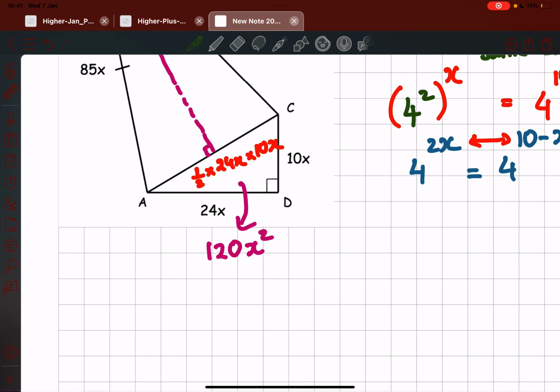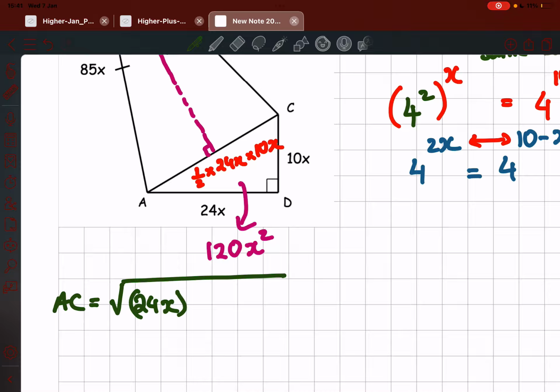So AC would be equal to the square root of 24x squared plus 10x squared.